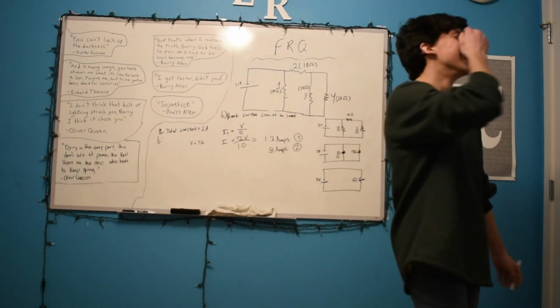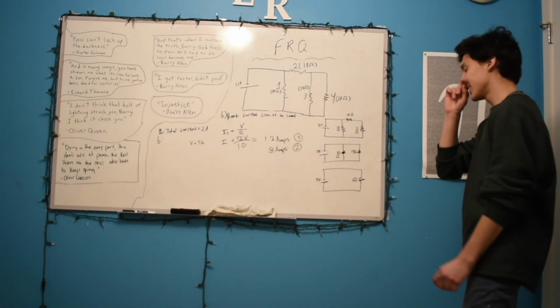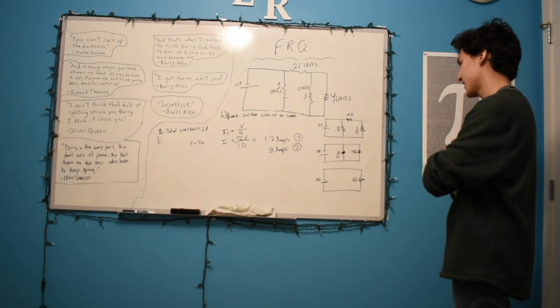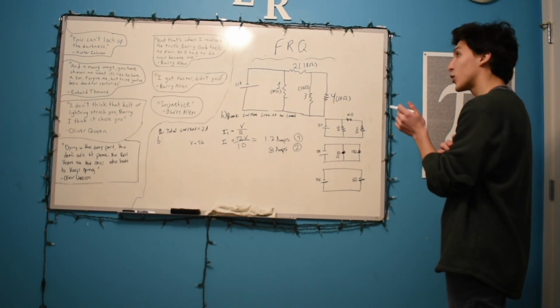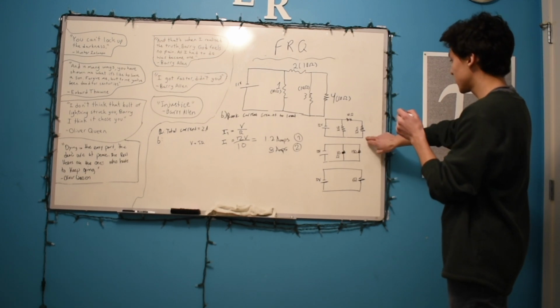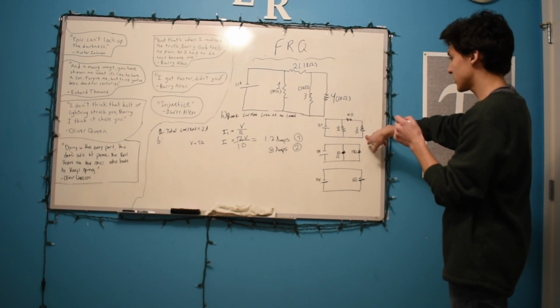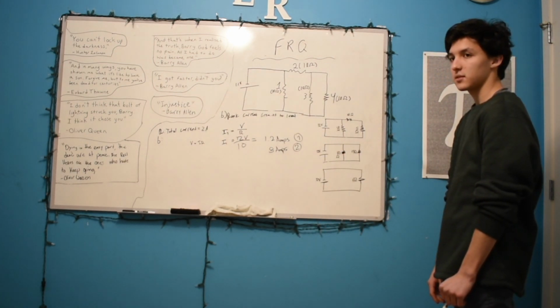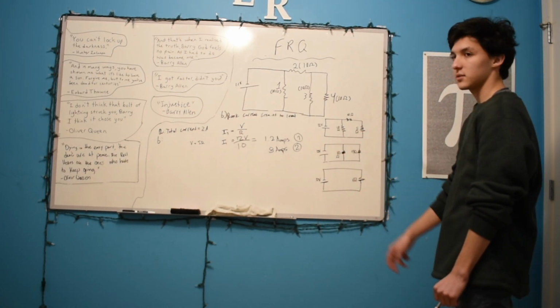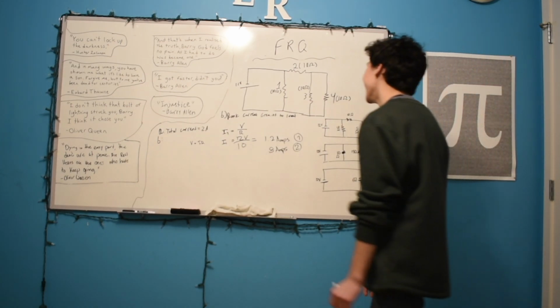Okay, so you have the current going through the 5 ohms, right? The current going through the 5 ohms. That one. Yes, and you have its resistance. Oh, idiot.